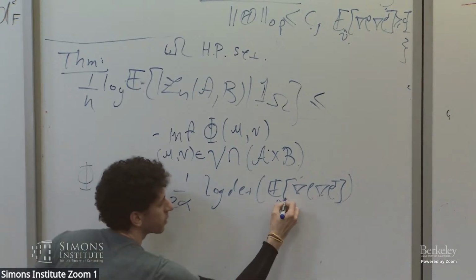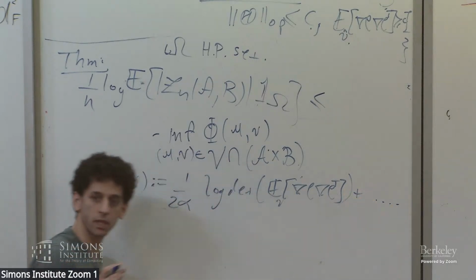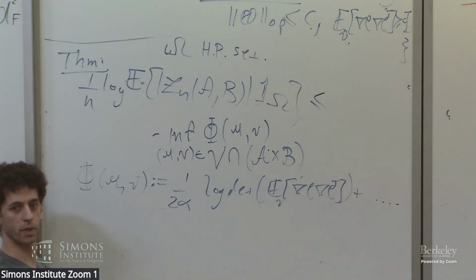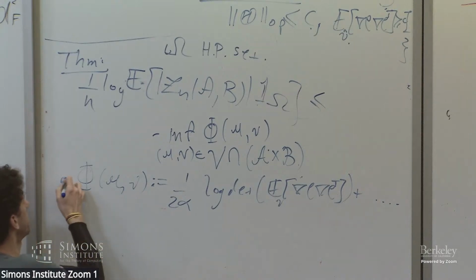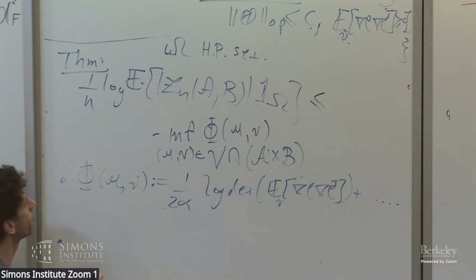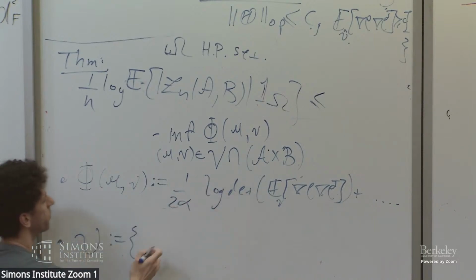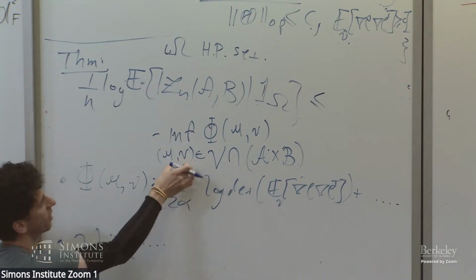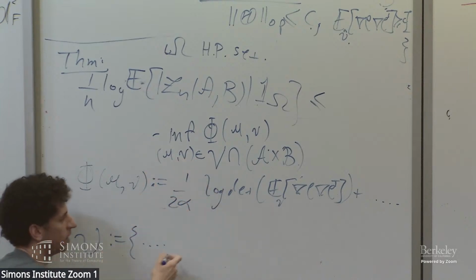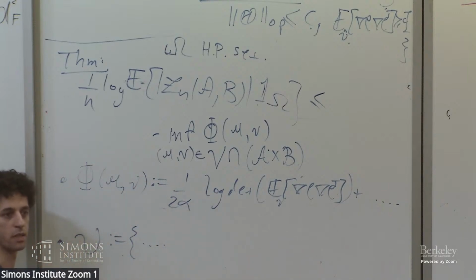There's an expectation over nu of this quantity, plus some other terms that I'm not going to write down here, but they're in the paper. It seems silly, but I'll tell you how this is useful. And then the set B, introduced by the theorem, specifies some constraint on the measures that you're optimizing over, and has maybe 7 terms that I'm also not going to write here, but they're given somewhat explicitly in the paper.